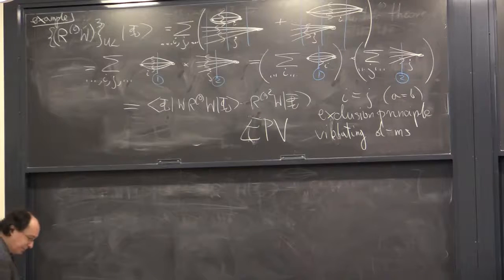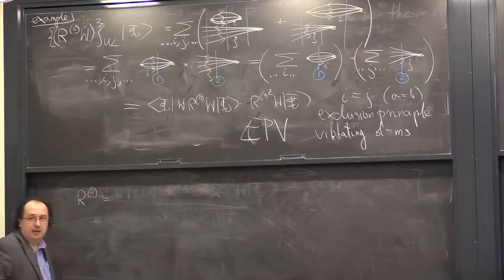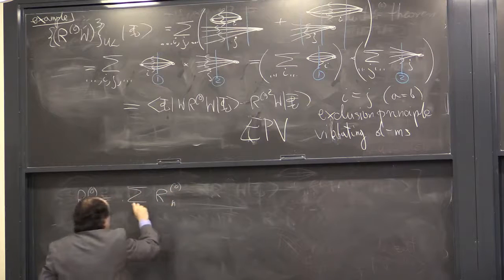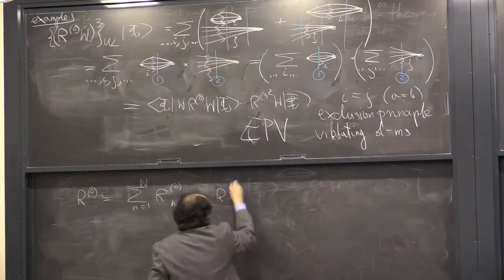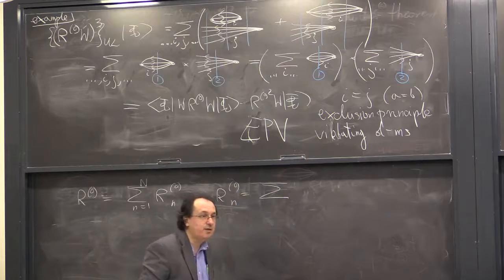Remember in the beginning of MBPT, when I was writing the resolvent, if you go back into your notes, I split the resolvent into n-body pieces, from 1 to n, and initially our resolvent contained constrained summations.